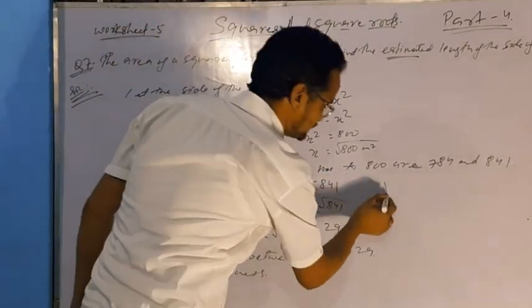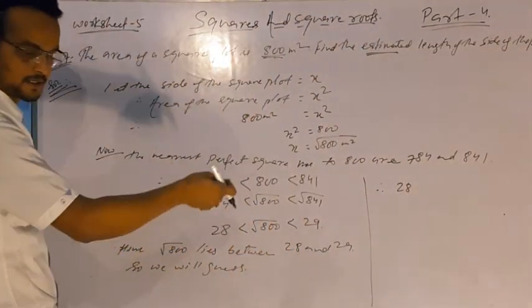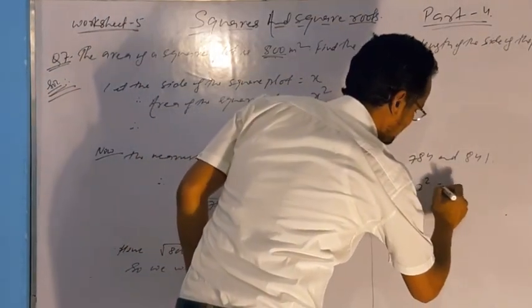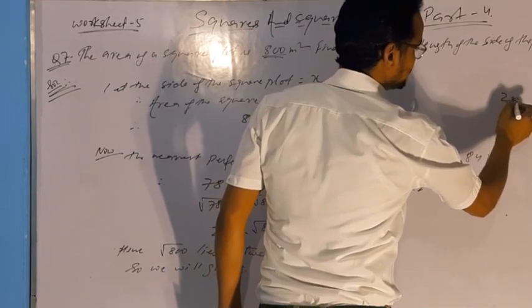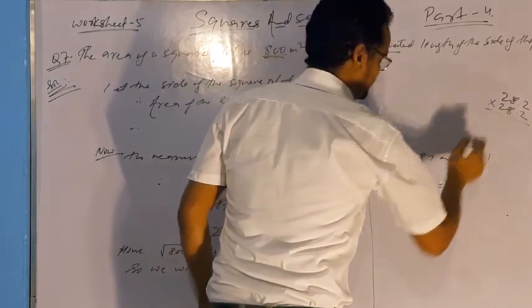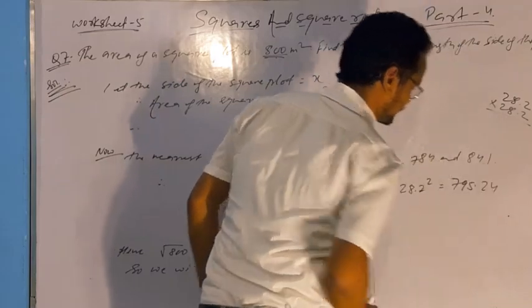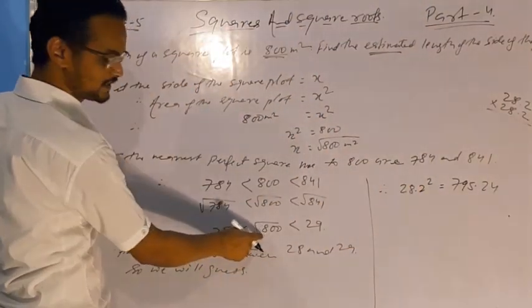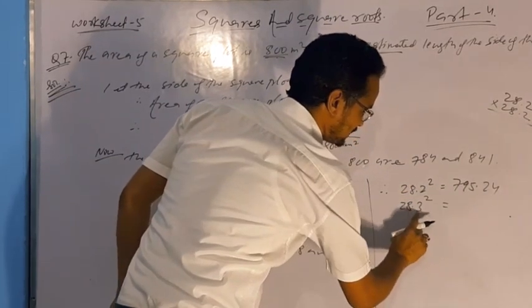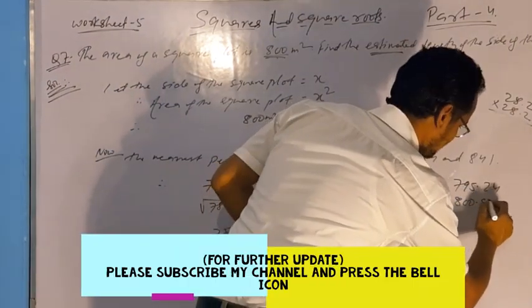Now suppose 28 and decimal something, let it be 28.2 whole square, multiplied by 28.2 by 28.2. We will get 795.24, and similarly it is less than this 800, so we will try one more time, 28.3 whole square. This will become 800.89.